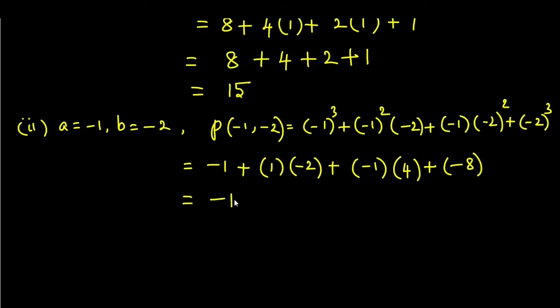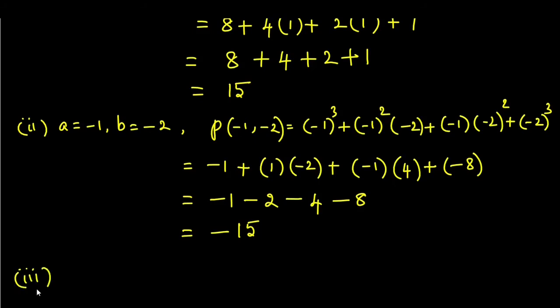This is minus 1. 1 into minus 2 is minus 2. Minus 1 into 4 is minus 4 minus 8. So this is again the magnitude is 15. So this becomes minus 15.